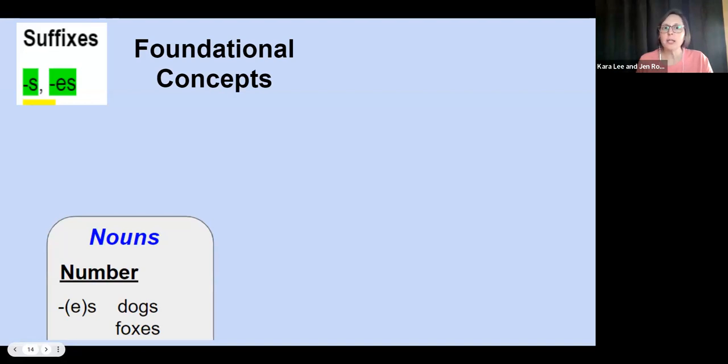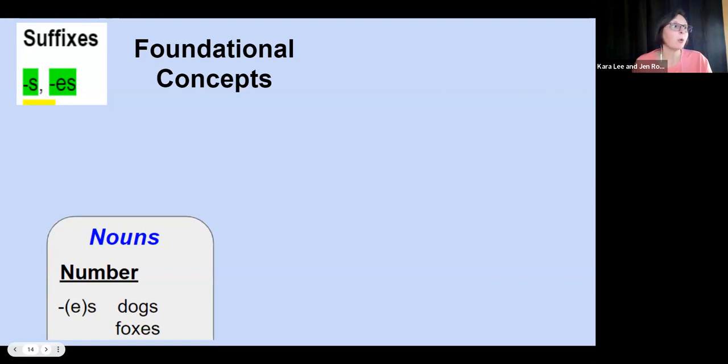Why? Because aren't kids coming across words that mean more than one of that thing? Don't they like to talk to you about more than one of something, or do they only talk about singular things? I have a 6-year-old and she doesn't just talk about singular things. She definitely talks about things being more than one.